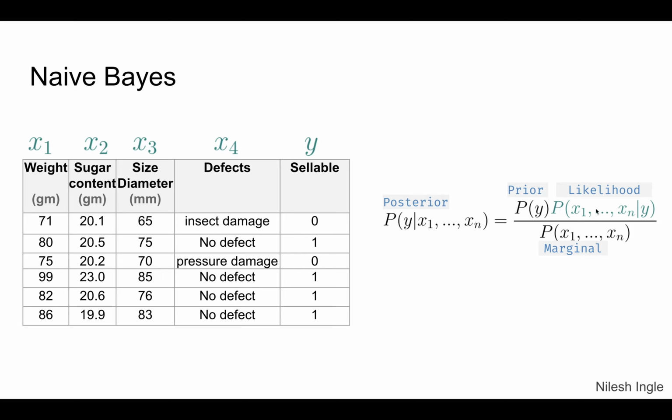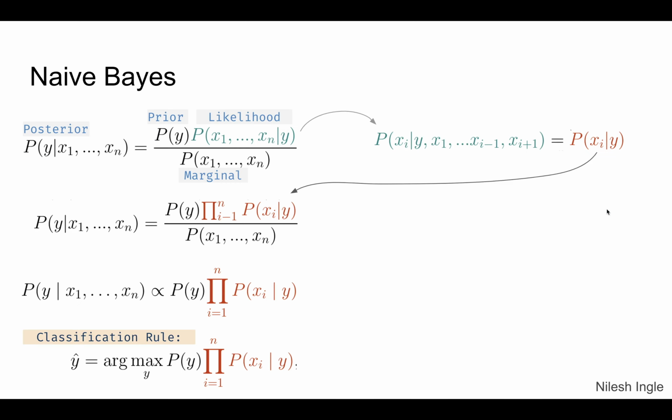Now here we have this likelihood, which can be expanded in this form, where we have p of x1, x2 all the way up to xn given y, and if we assume conditional independence, then we can reduce this to p of xi given y, and when we plug that back in the numerator, we can represent it as a product of these conditional probabilities of xi given y.